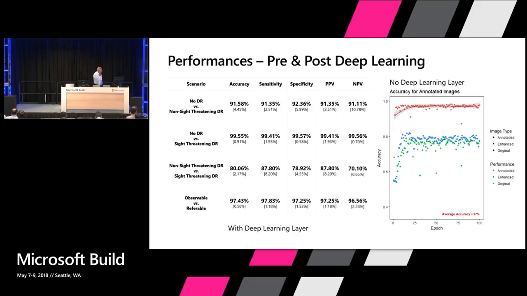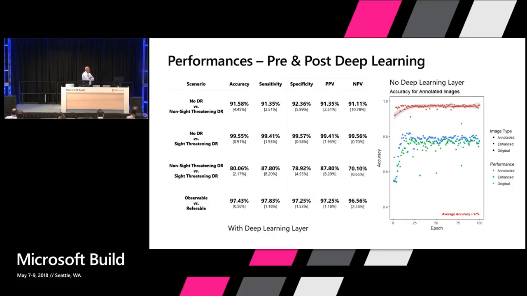If you look at the last row, which is the classifier for observable versus referable, the accuracy is around 97%, which means that out of 2,000 images, about 50 images are misclassified. About 25 are false positive images we don't care about. We care more about the false negative images, so patients having signs of retinopathy that are classified as normal or as observable.